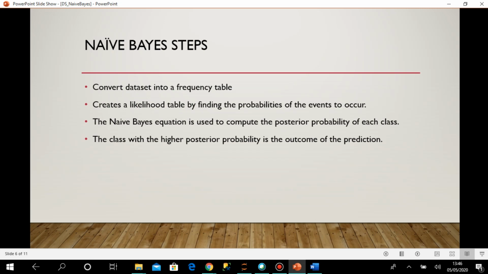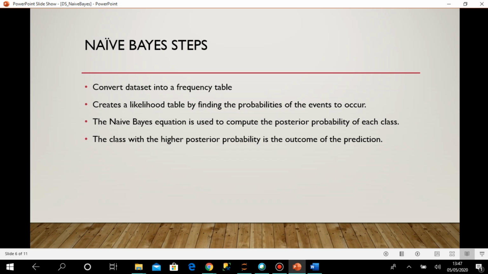To remember, the probability of B given A is the likelihood. As the features are independent of each other, it becomes simple, and then the naive Bayes equation is used to compute the posterior probability of each class.